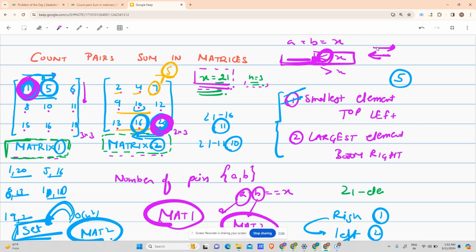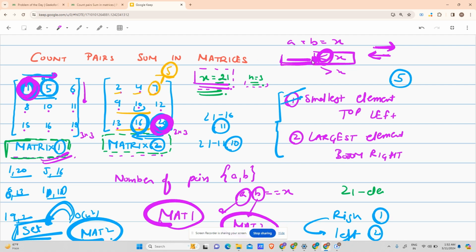So which matrix is being traversed in the right direction? Are we on the same page? This matrix is being traversed in the right direction, right? So if a plus b is less than x, I will move the pointer of this matrix towards the right.